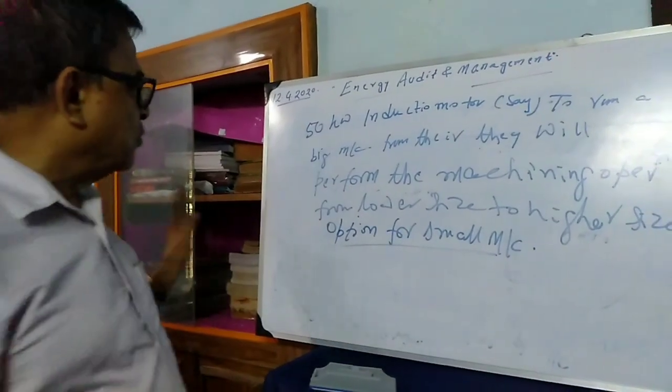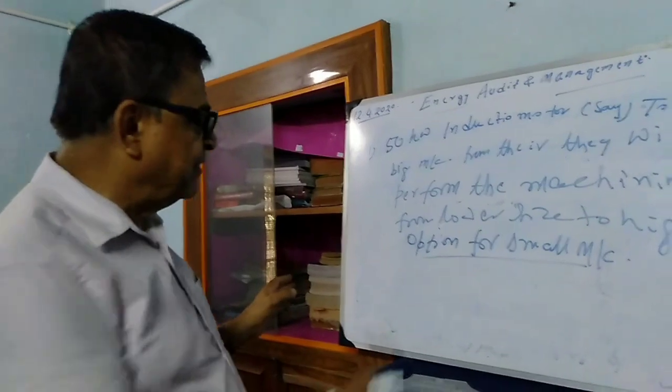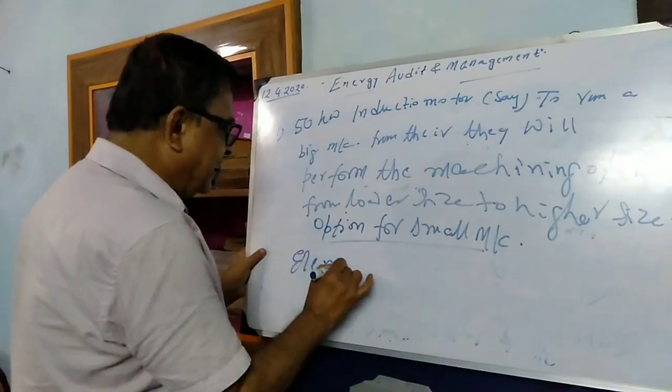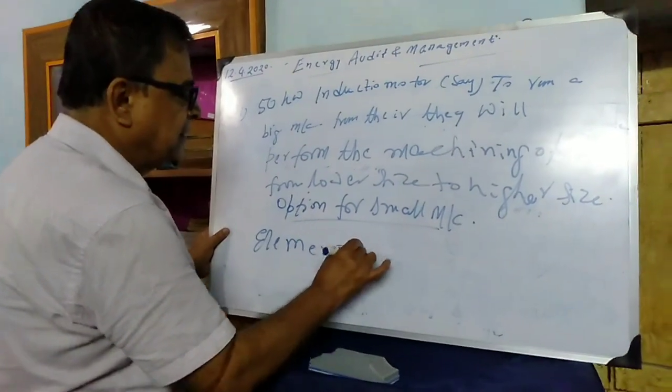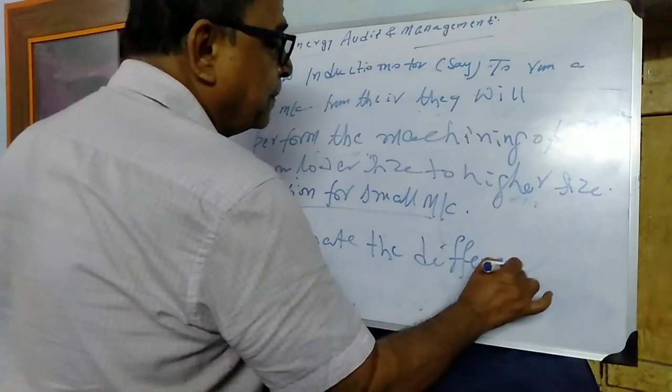So this is one of the ways to eliminate the different types of jobs. That means the conclusion is to eliminate the different types of job.